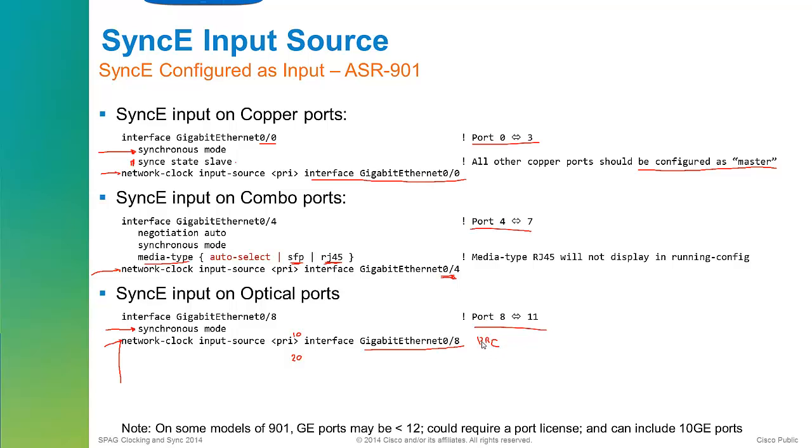If this one is not PRC, say it's like an SSU-A, and this one is PRC, then if you use QL enabled mode, it will pick the PRC. If you don't use QL enabled, so it doesn't take account of the quality level, it will just use the highest priority. So generally, it pretty much handles it all for you through ESMC.